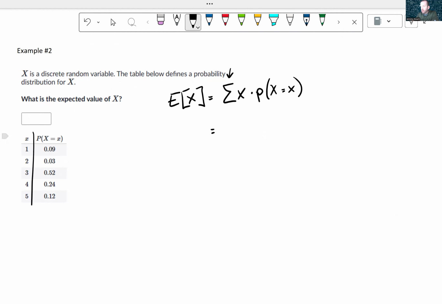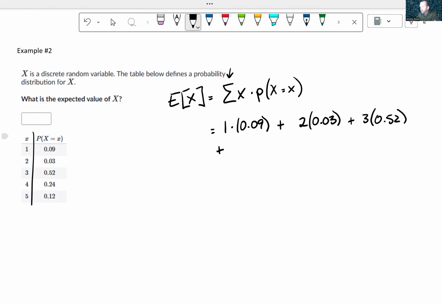So for a 1, the probability of getting a 1 is 0.09. And then we just keep adding these together. 2 times 0.03. For a 3, 0.52.